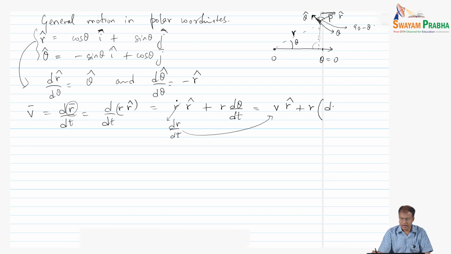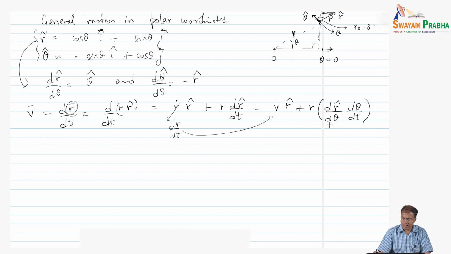So this is speed v times r hat plus r times d r hat dt. Well, what have we got here? I think there is some mistake. This is going to be d r hat d theta times d theta dt, right?